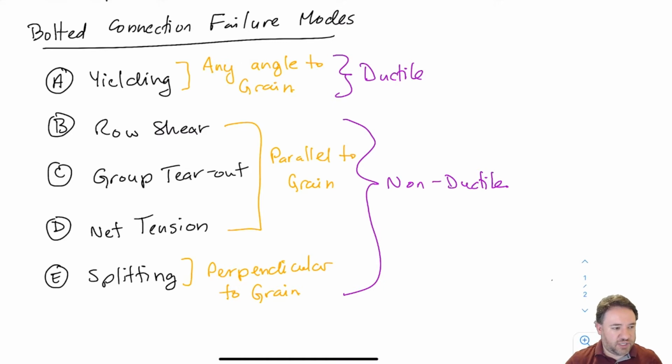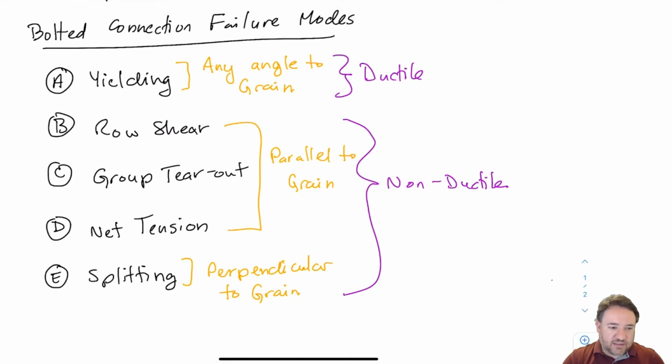So all of those B through E, all of those wood failure modes, which don't have anything to do with the strength of the bolt, are non-ductile failure modes, because when wood fails and pulls out a plug or pulls out a chunk or fails across the cross section or splits perpendicular to grain, those are immediate failures. They're non-ductile. There's no displacement associated with those after you reach the failure point. So once you reach that failure strength, basically your connection breaks immediately.